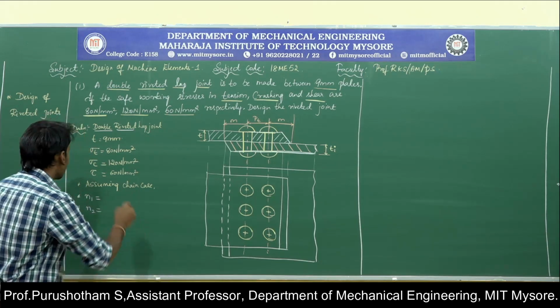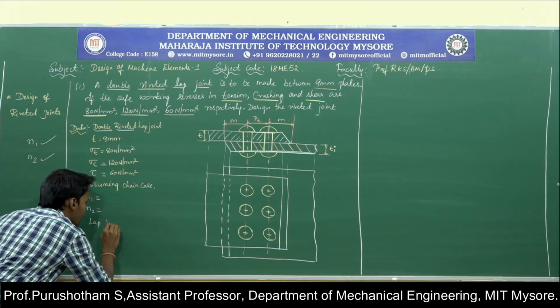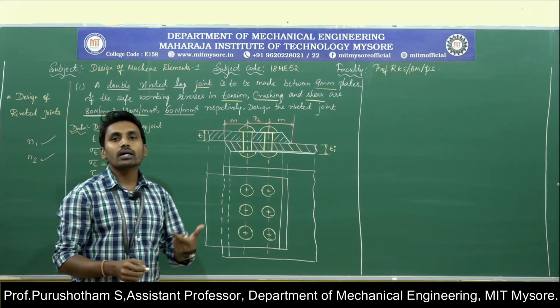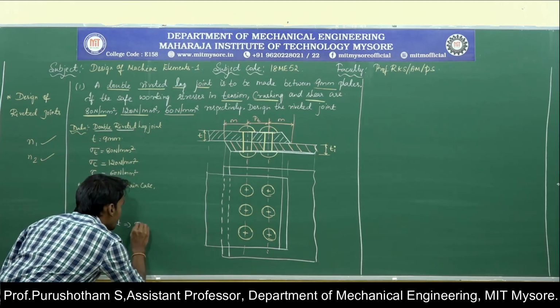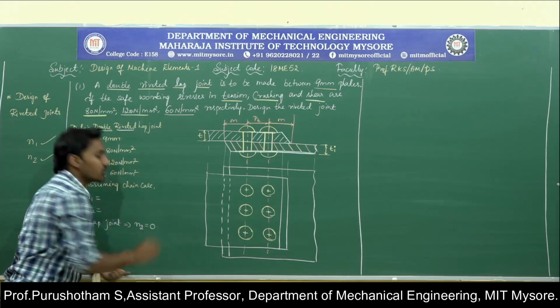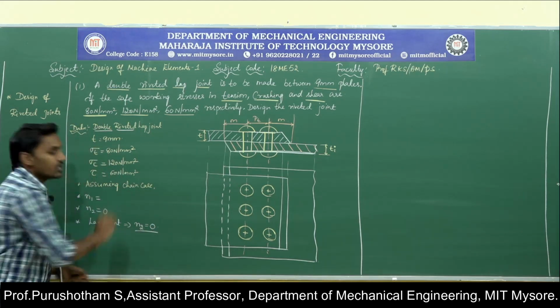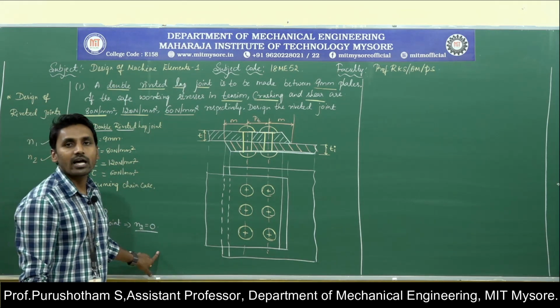As we know, in a lap joint there will be no case of double shear, hence the N2 value is always equal to 0 in a lap joint.